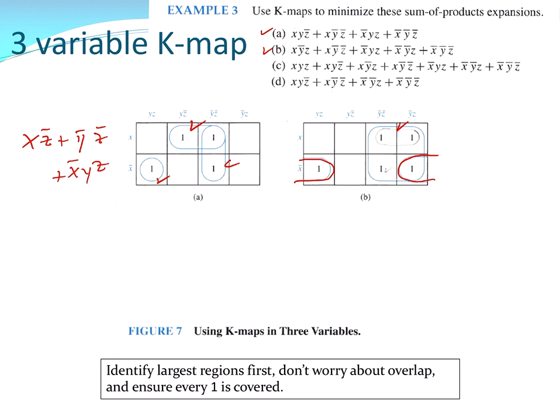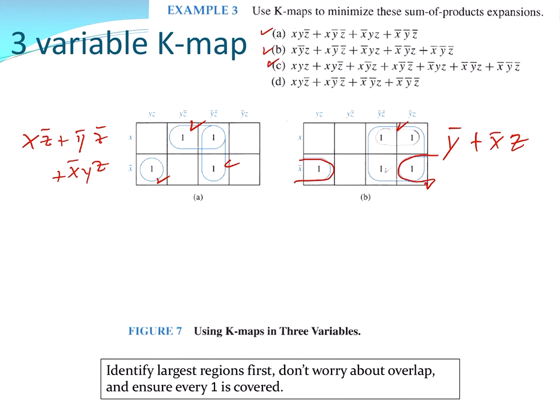Well, y bar doesn't change its complementation. For this grouping of size 2, we have x bar and z. So that's a nice increase in efficiency with only 2 terms.